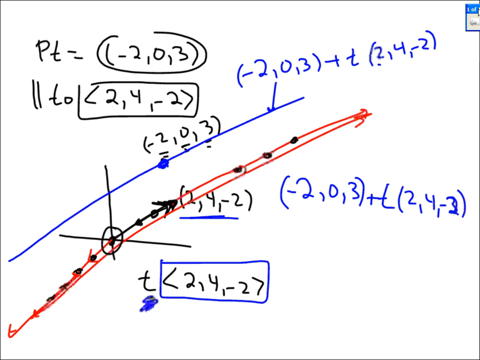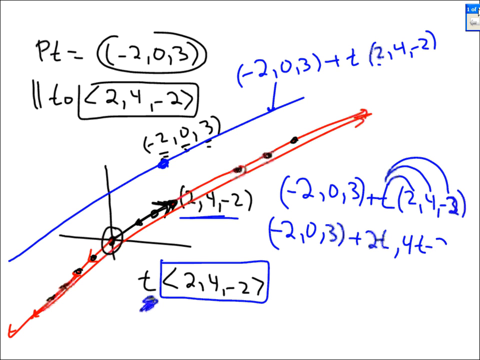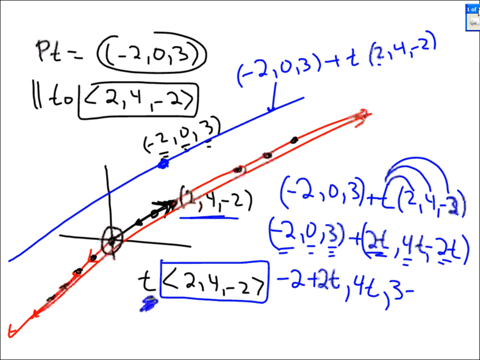I can distribute the t, so I get negative 2, 0, 3 plus 2t, 4t, negative 2t, and then I add the components. I add the x components, I get negative 2 plus 2t, I add the y components, I get 4t, I add the z components, I get 3 minus 2t.